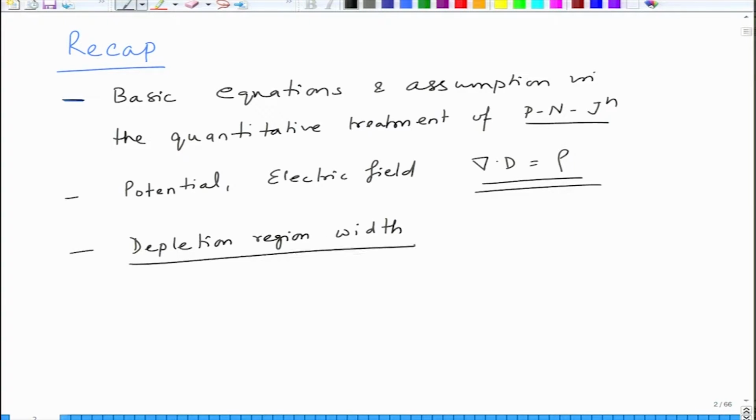W is equal to square root of 2 epsilon s VBI divided by Q into 1 over Na plus 1 over Nd.